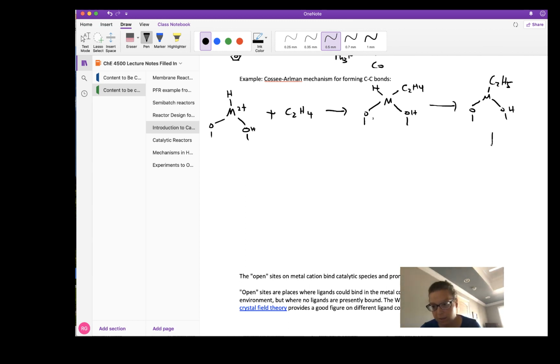Another ethylene molecule then adsorbs. These two species now combine to form a C4H9, so a butyl species.